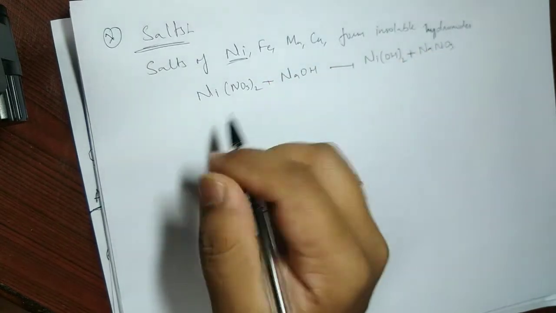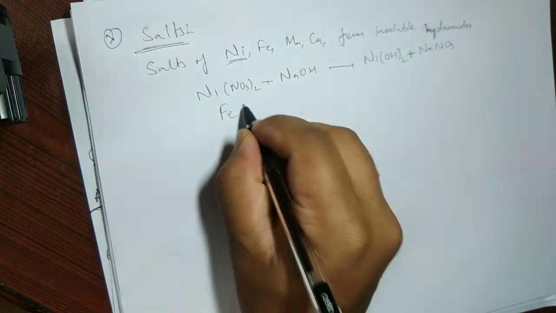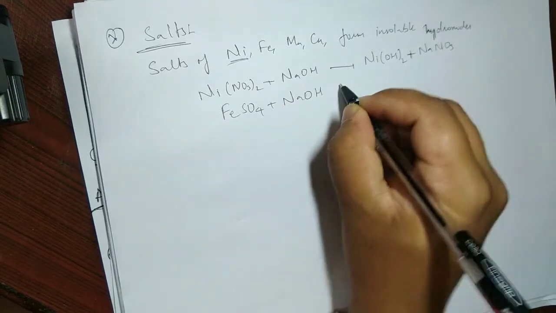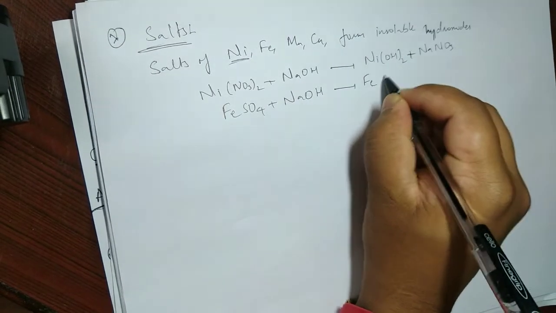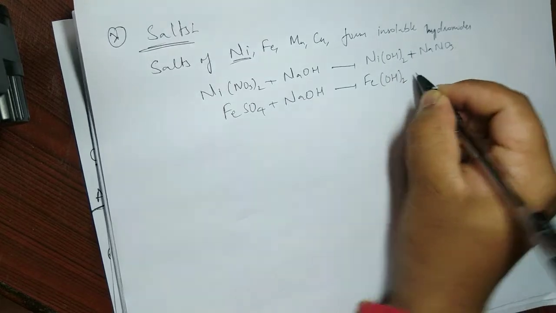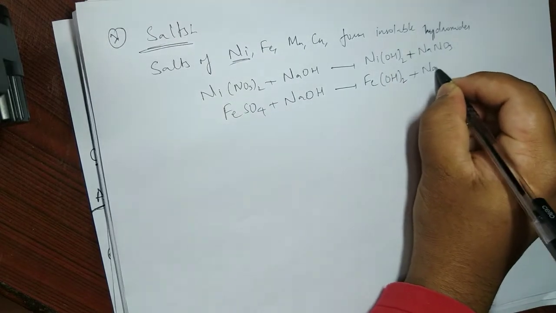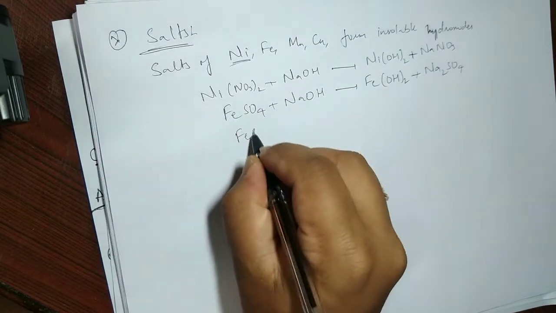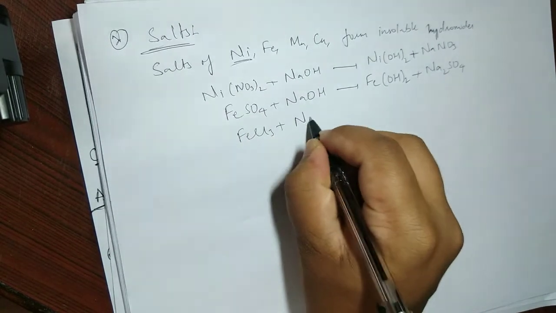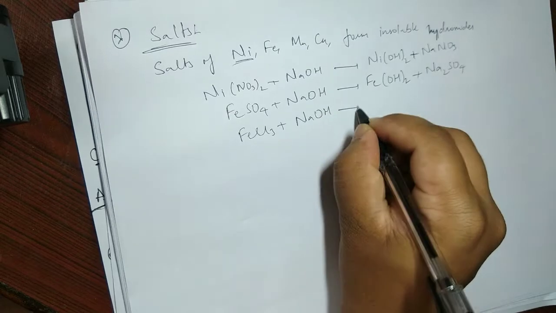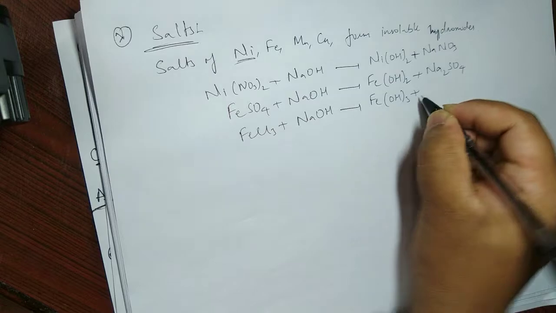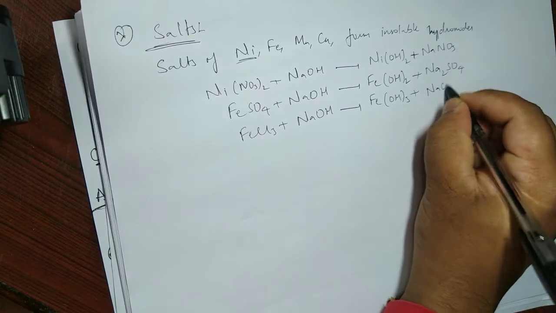Ferrous sulfate FeSO4 plus NaOH, you should have guessed it, Fe(OH)2 plus Na2SO4. FeCl3 plus NaOH, guess, don't wait for me, Fe(OH)3 plus salt NaCl.